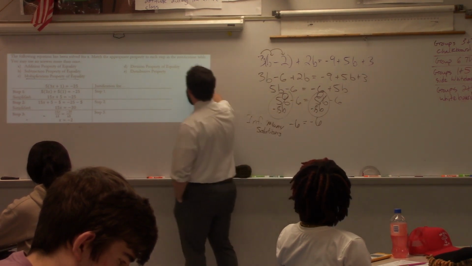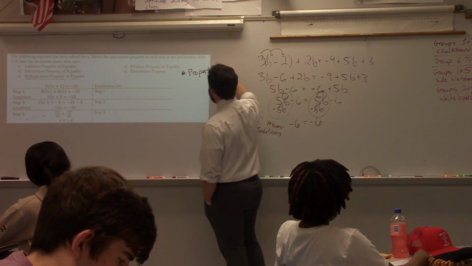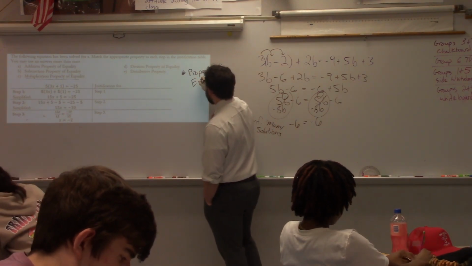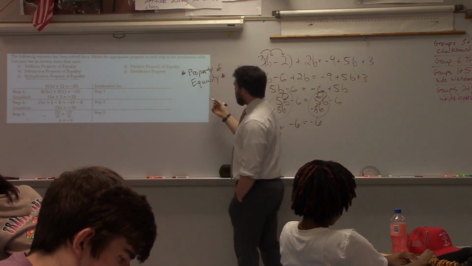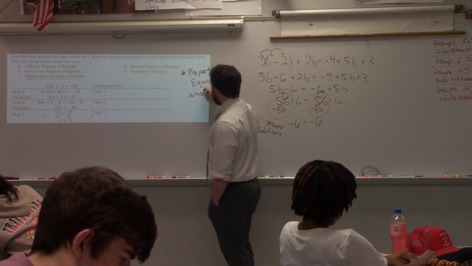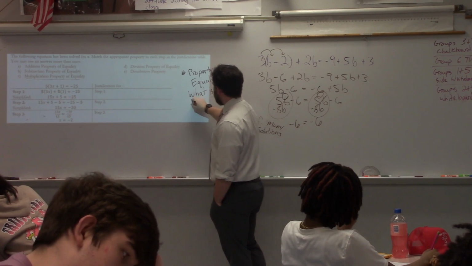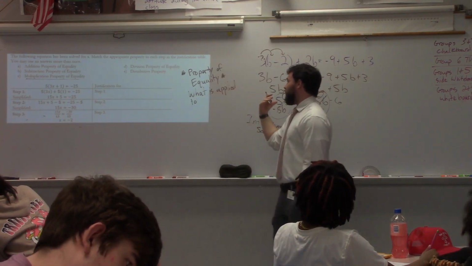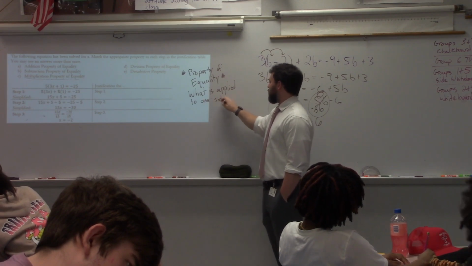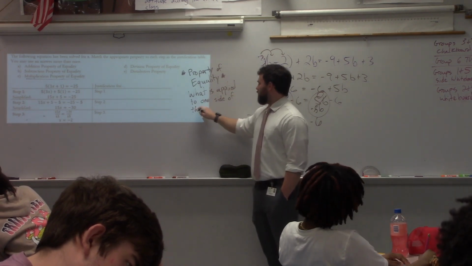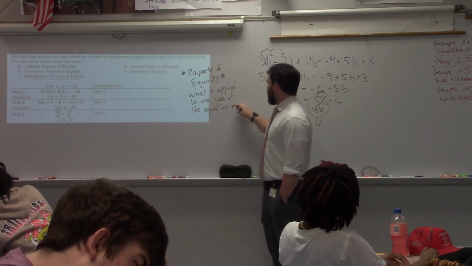So first things first, if I were you, I would make a note to myself that a property of equality is the idea of what you always said: what is applied to one side of the equation must be done to the other side.